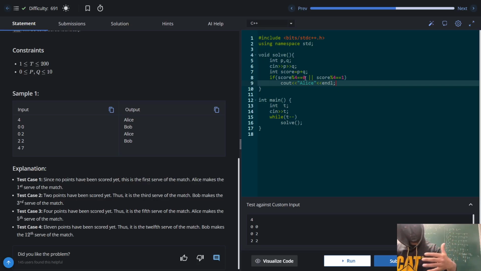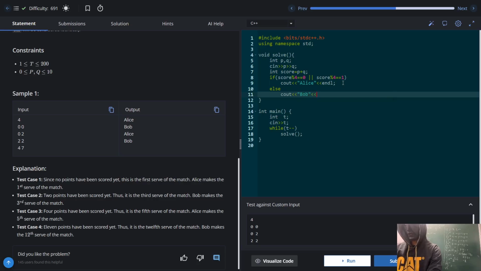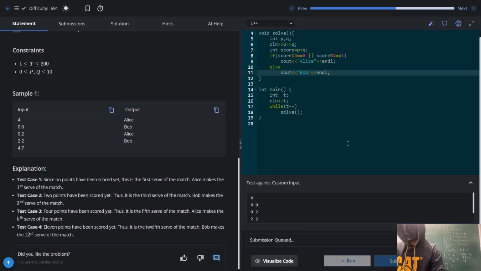For every 4 services, Alice will be the one doing it, and with one more additional service, our remainder is 1, so in that case also two consecutive services will be done by Alice, else Bob will be doing the service. Since the modulo 4 answer is always 0, 1, 2, or 3, if it is either 2 or 3, it will come in the else condition and Bob will be serving.